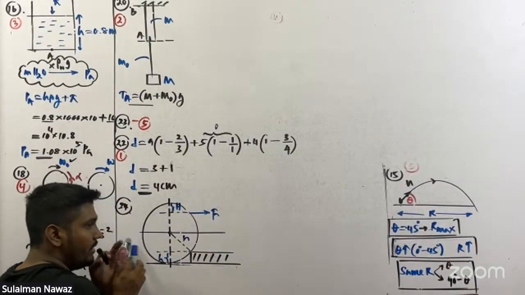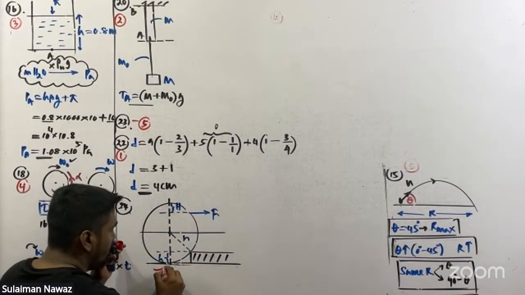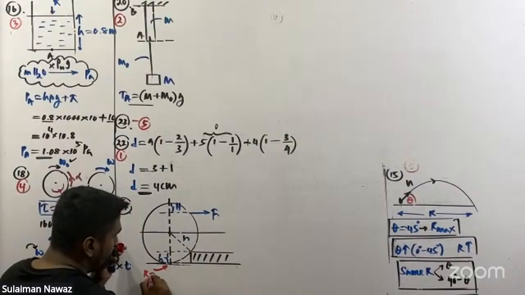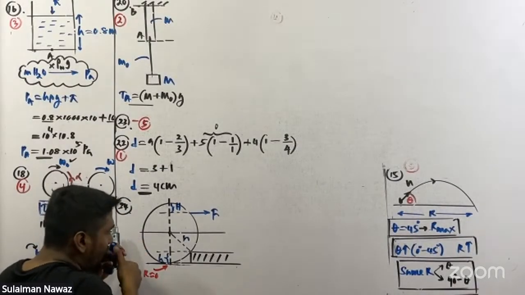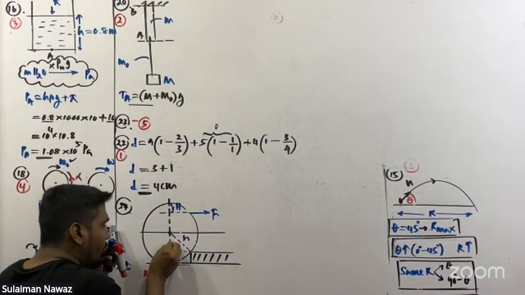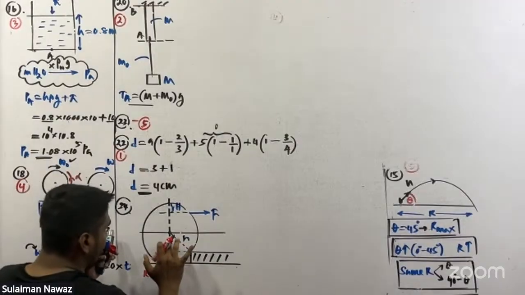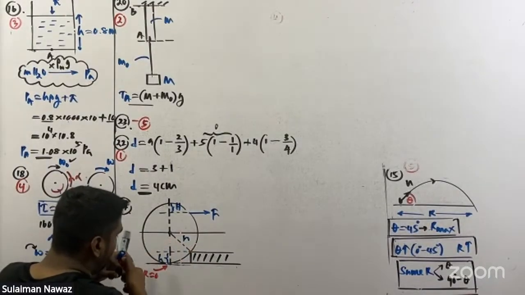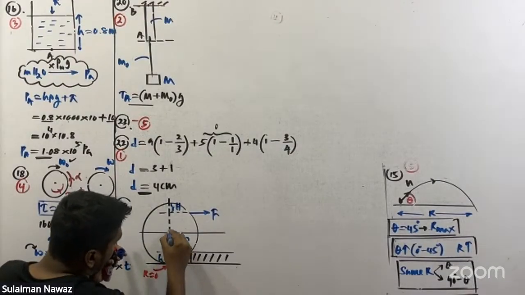When it is taking the step, the normal reaction force is zero. One important point: if you mark the forces acting on the object, the weight of the object, mg, acts downwards.